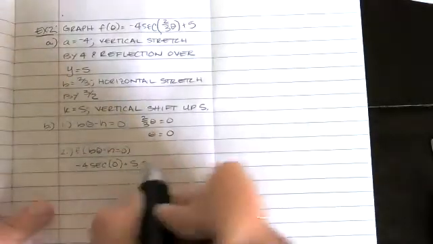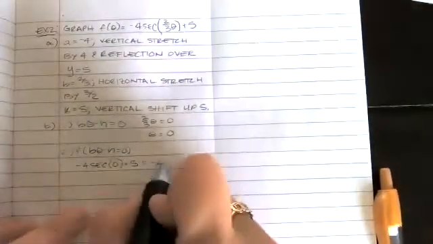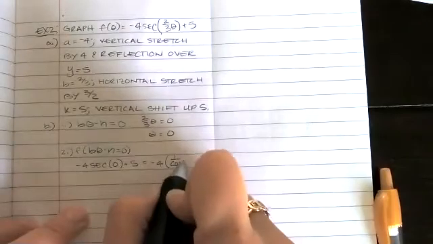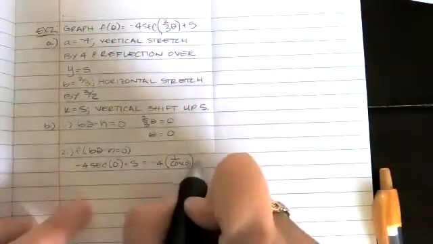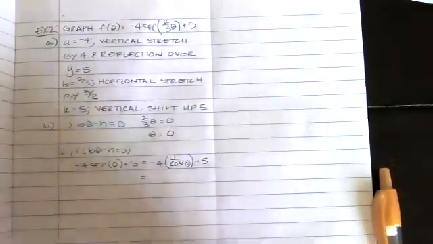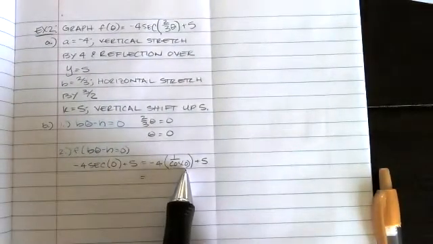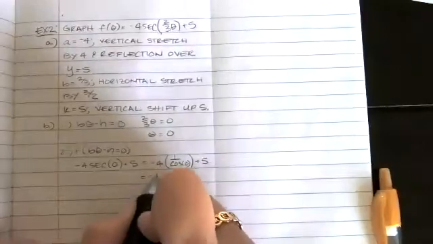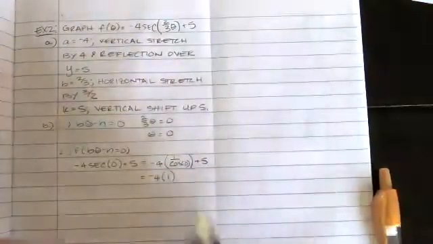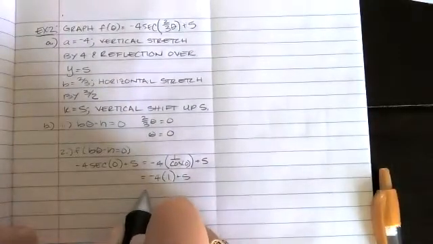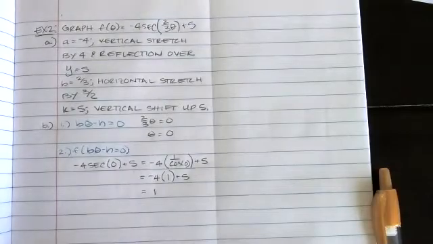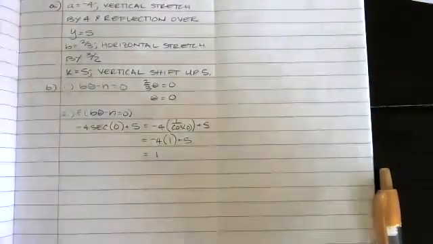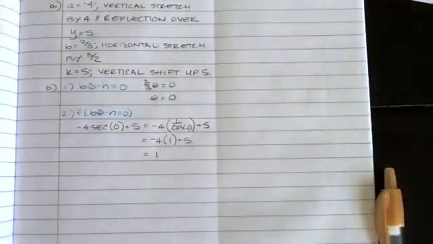That is the same as negative 4 times 1 over the cosine of 0 plus 5. Okay, so the cosine of 0 is 1. So we have negative 4 times 1 over 1, which is 1, plus 5. That leaves us with just 1. Everybody okay with that? Yeah. Okay.